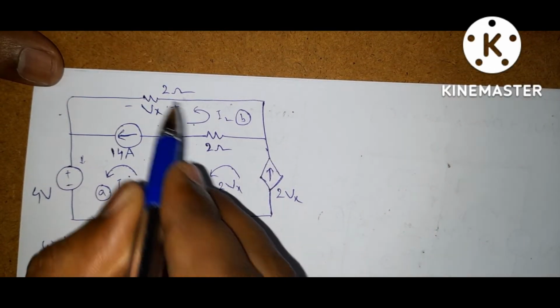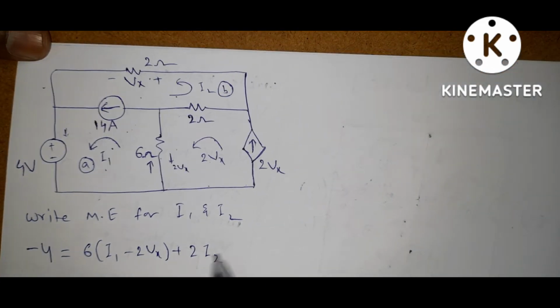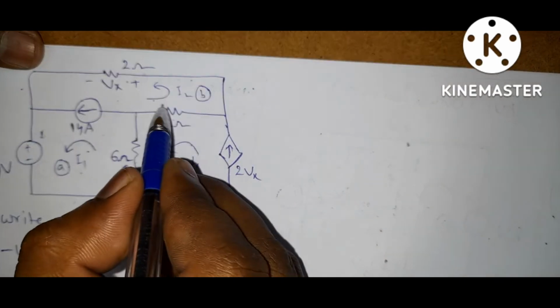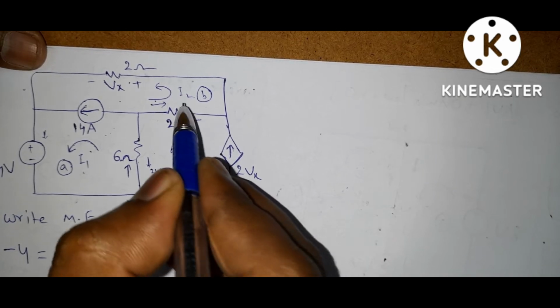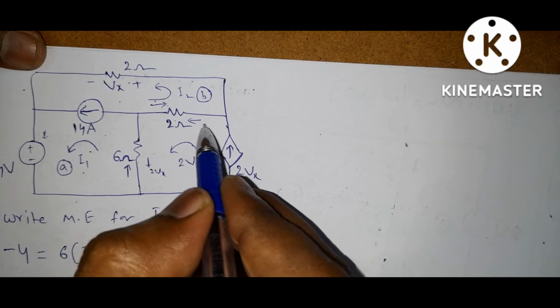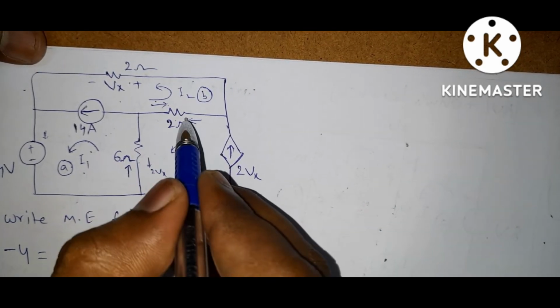Now coming to this 2 ohms, so this is 2I2, plus, coming to this 2 ohm, this current is left to right and this current is right to left. This is I2 and this is 2Vx. Both are in opposite directions.